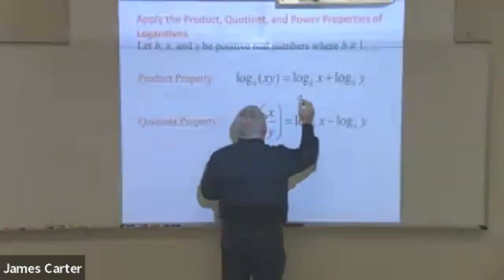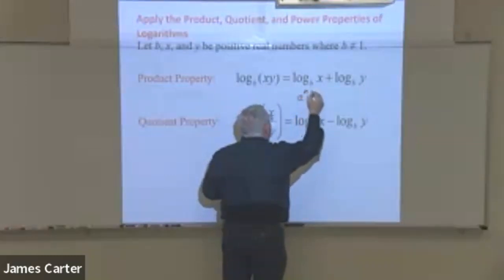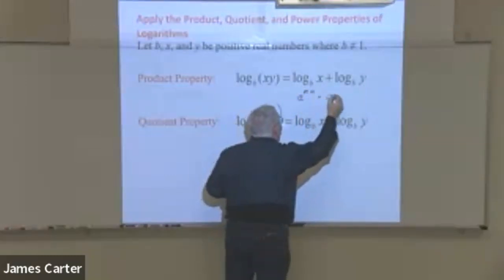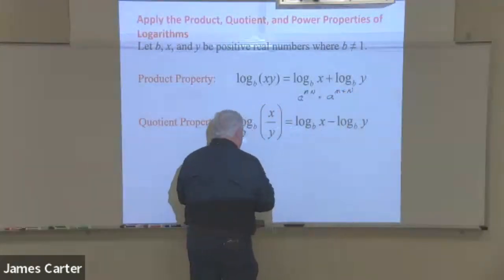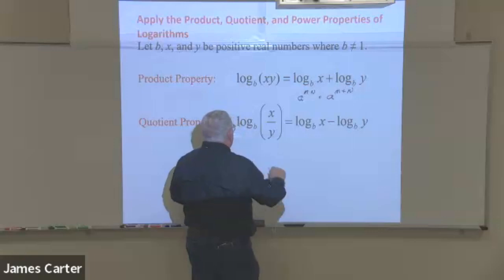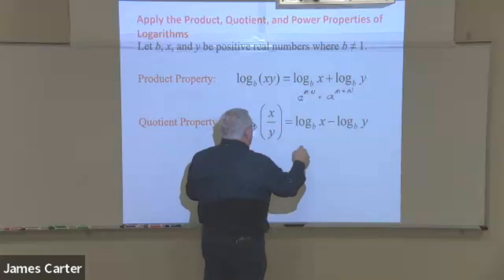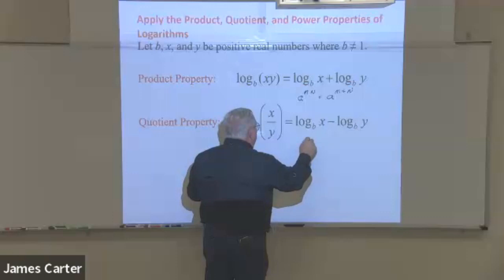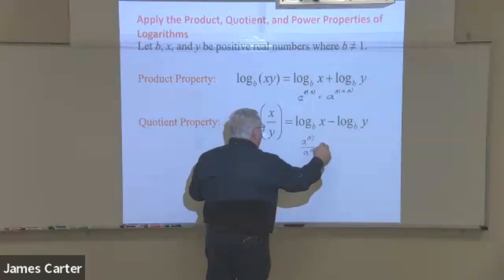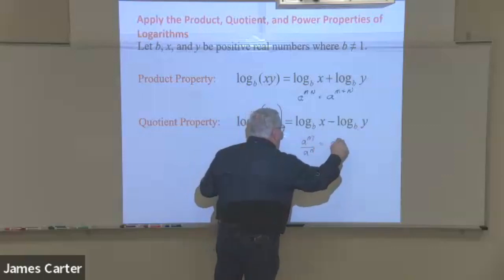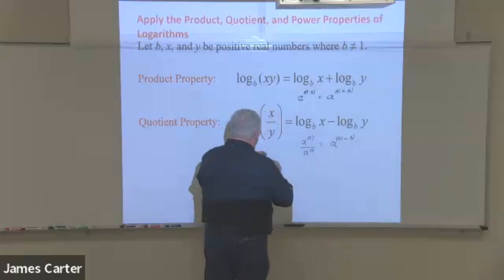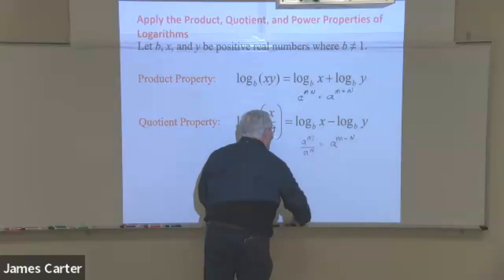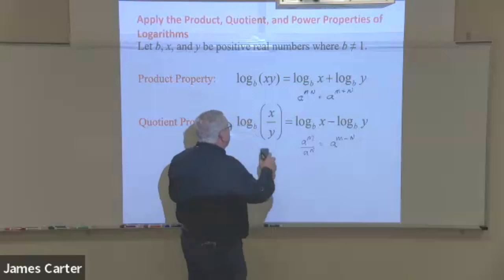If I had a to the m times a to the n power, that would be a to the m plus n power. Direct correlation there. In the case of division, if I had a to the m over a to the n, that is equal to a to the m minus n power. So that's a corresponding comparison.